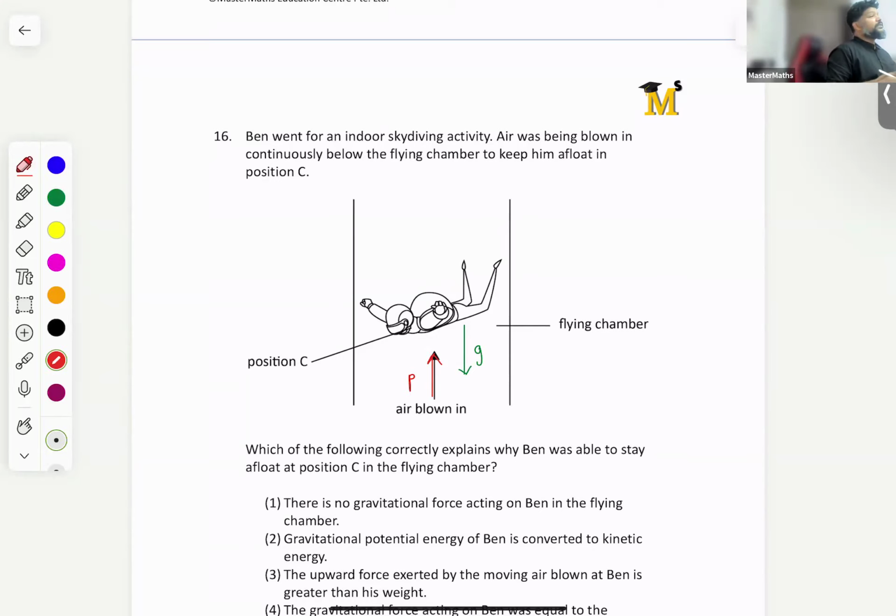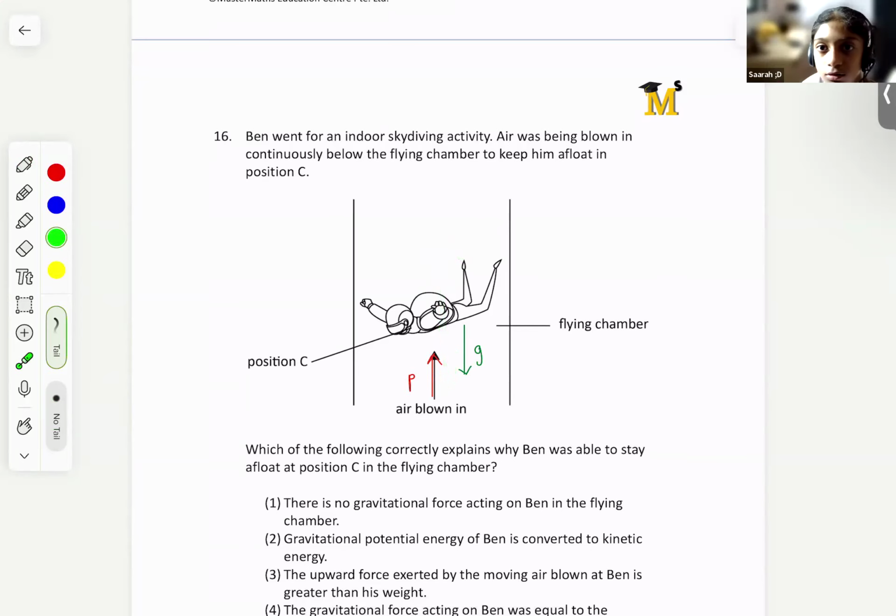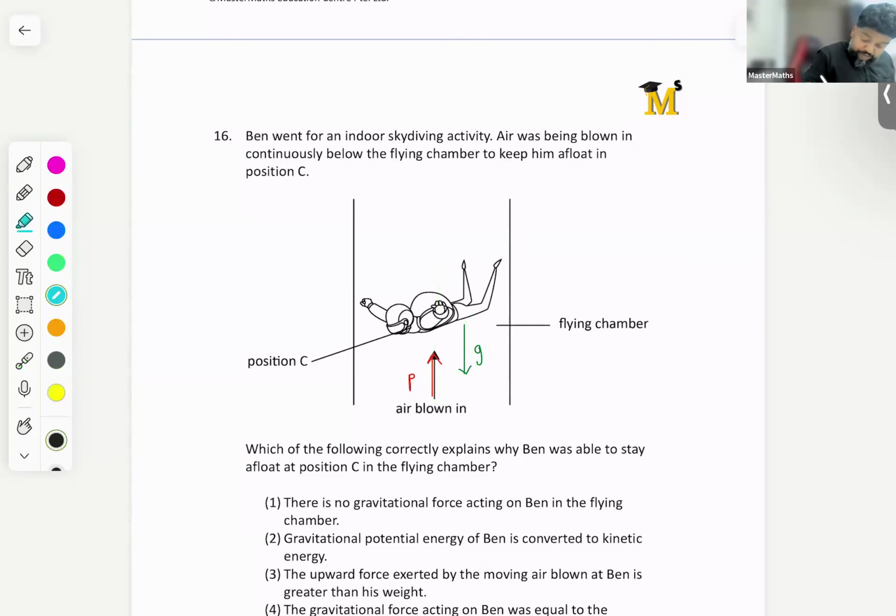Now, which is greater? If gravitational is greater, this man will go down or go up? Down. If the push from the air is greater, will he go down or will he go up? Up. But in this case, he was able to stay afloat. Which means what? Both are the same. He's not going up, he's not going down.